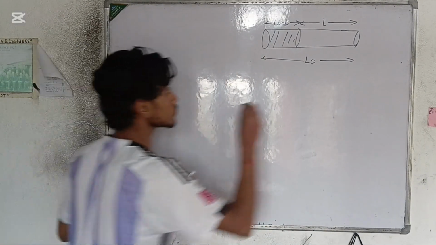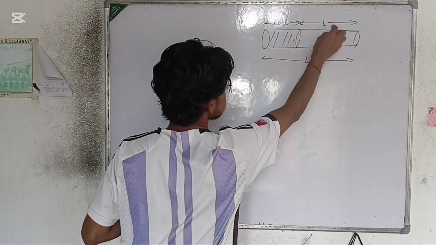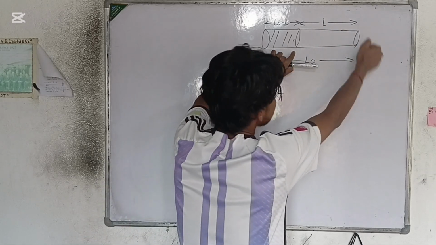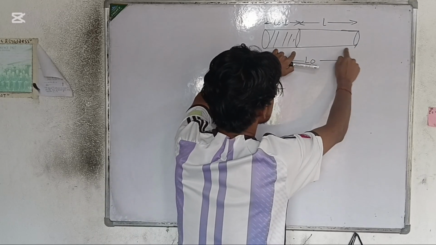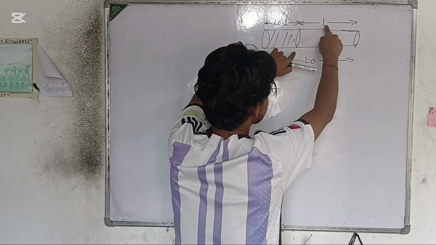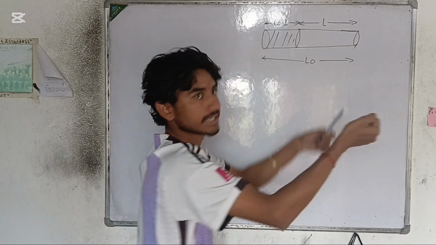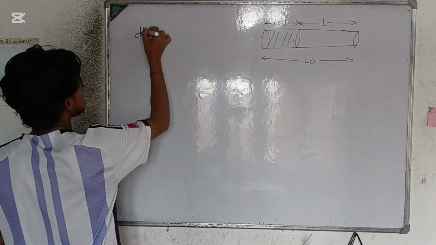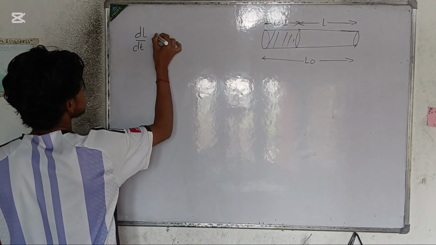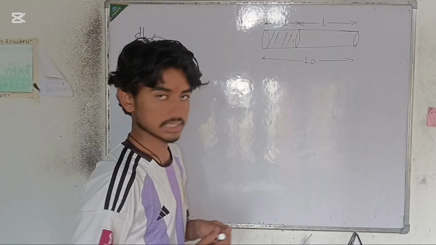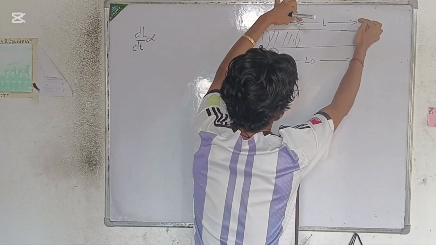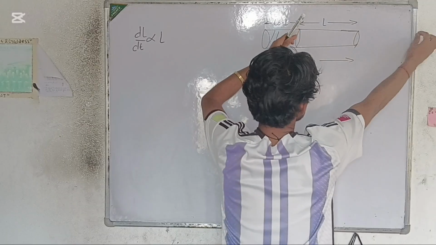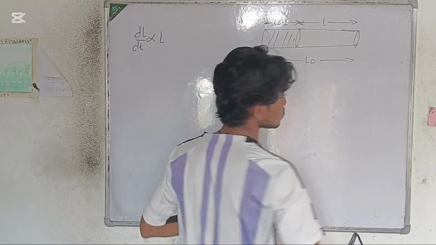I am going to make an equation that might describe this phenomena. We are interested in the rate of change of this cigarette: how the length of this portion changes with respect to time when we ignite it with a lighter. The rate of change of length of the cigarette is directly proportional to the length L. The more length you have, the more the length will change with respect to time.